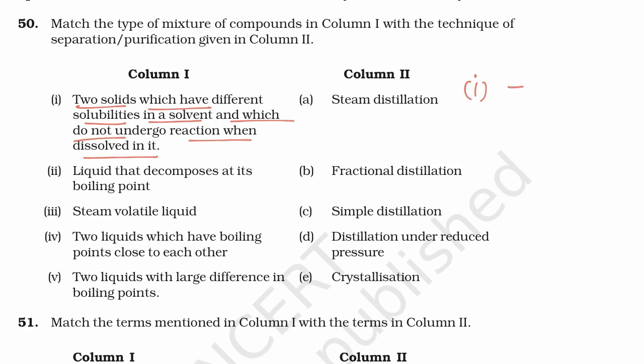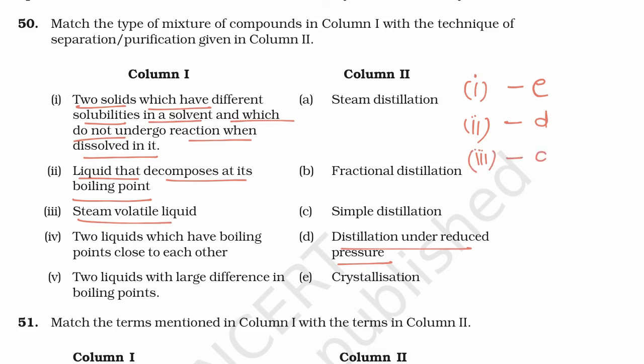So first, E. Now in the second case, a liquid that decomposes at its boiling point. Those liquids which decompose before their boiling point are distilled under reduced pressure. So second, D. Now in the third case, those compounds which are steam volatile are distilled under the steam distillation method.